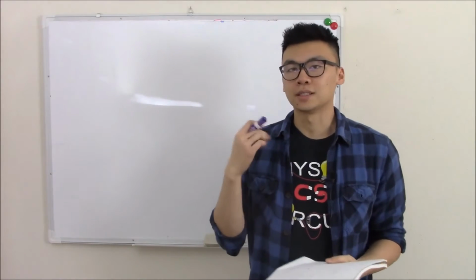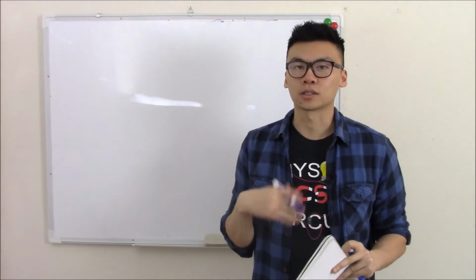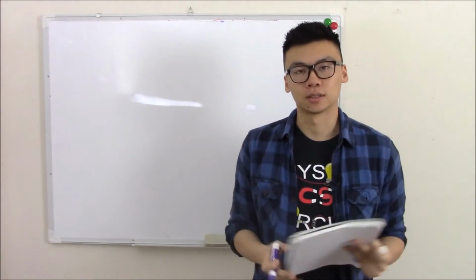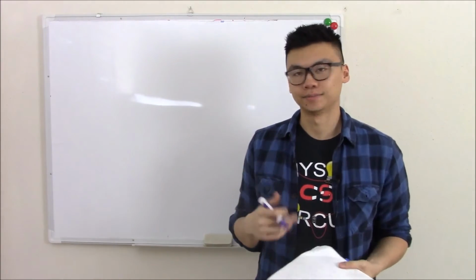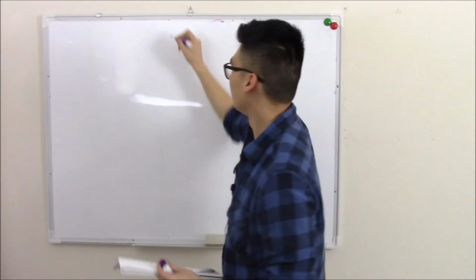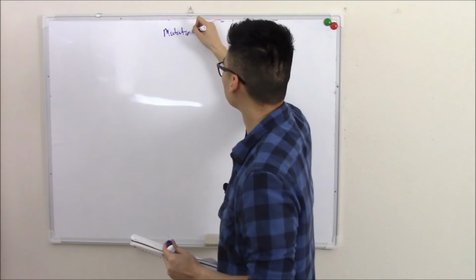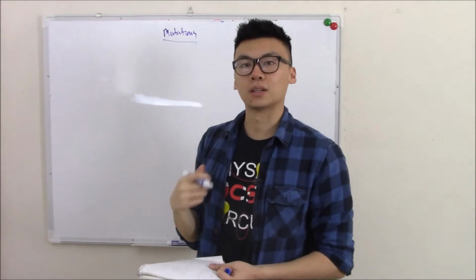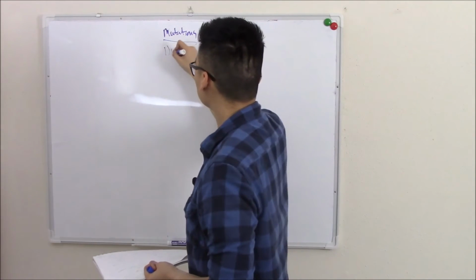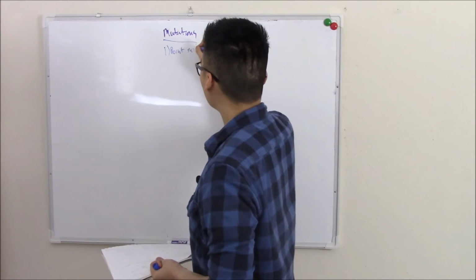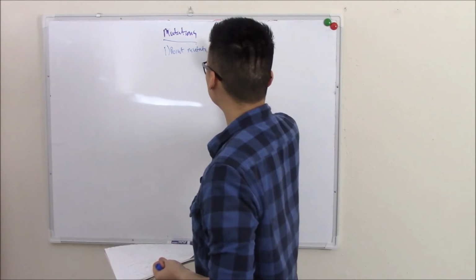Now that we know what happens normally, we want to focus on what can go wrong. Mutations while you're making that DNA. So let's talk some mutations. The first one we're going to talk about is point mutations, where you add the wrong nucleic acid.